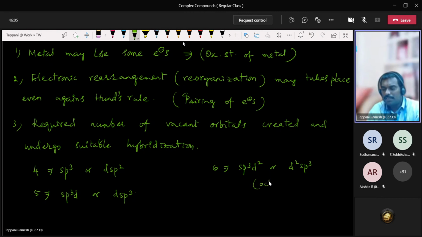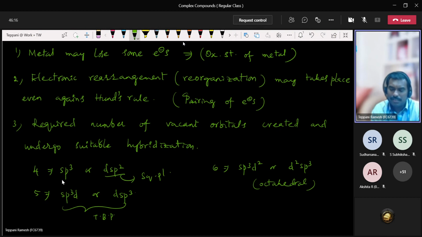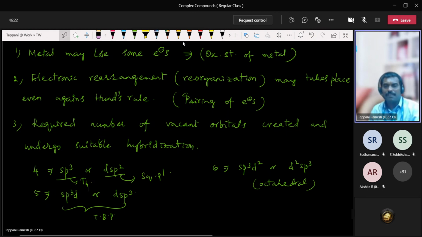So octahedral structure here, in this case trigonal bipyramidal, here square planar, here tetrahedral. Like this, the possibilities are there.